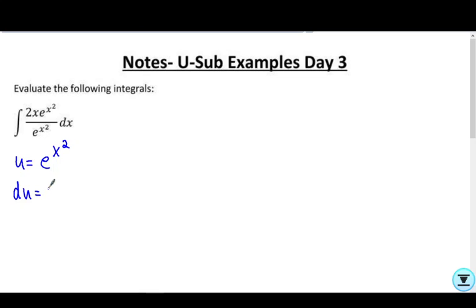So I get 2x e to the x squared dx. So now I can see that this right here is du, and this right here is u.